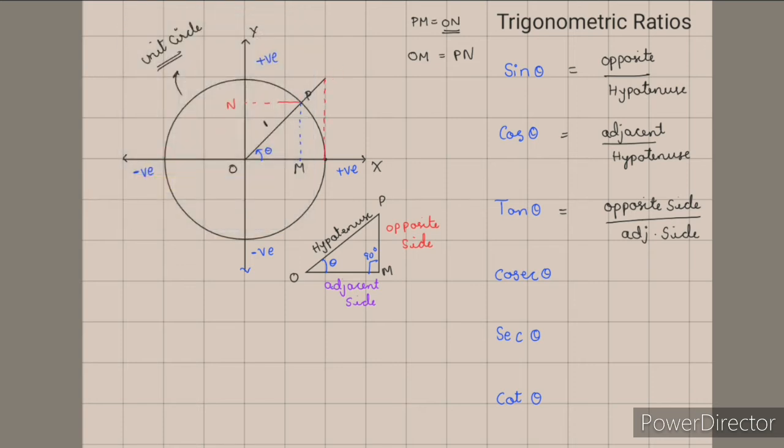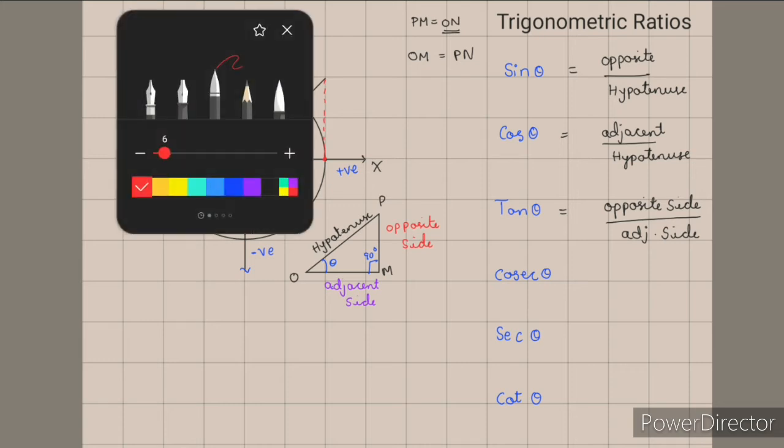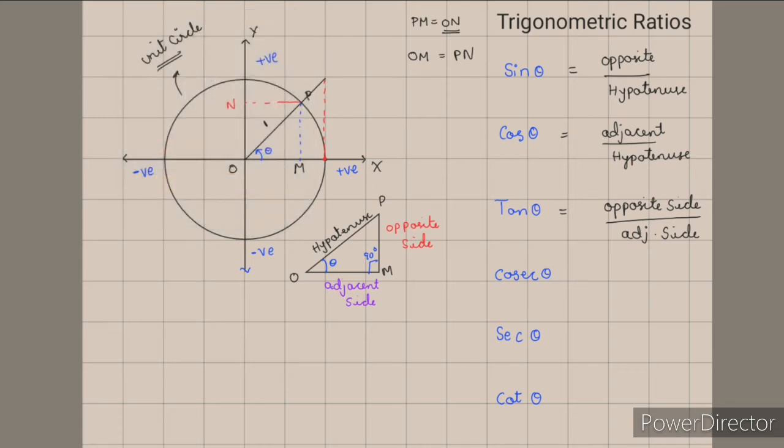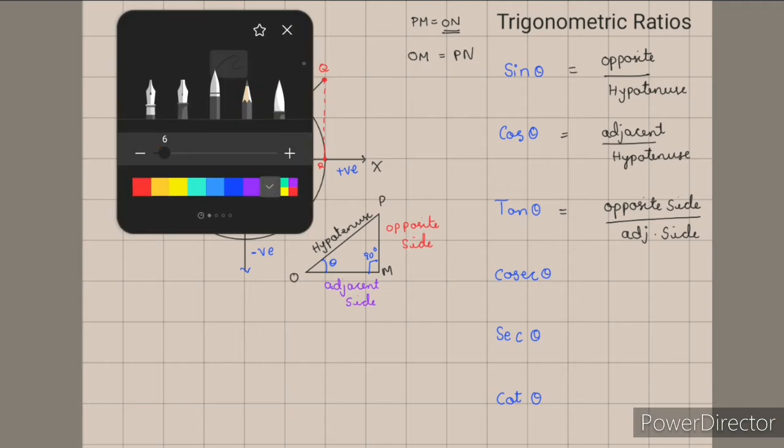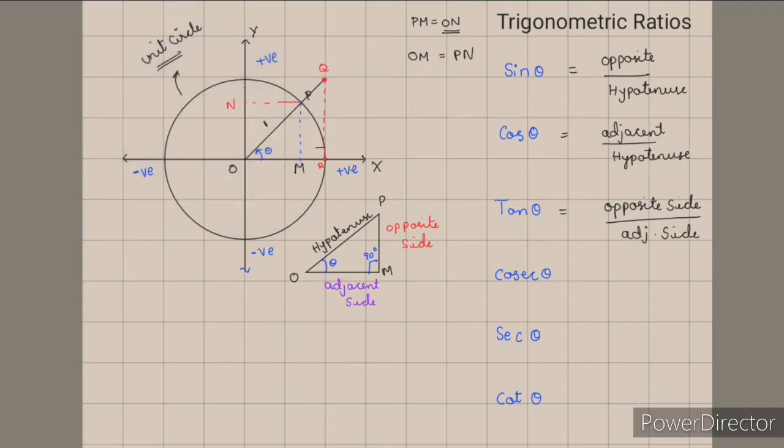If you see, I haven't changed theta, but I extended this hypotenuse. Let's say this is some Q, and this is some capital R. Now OQR is also a right angle triangle at R.